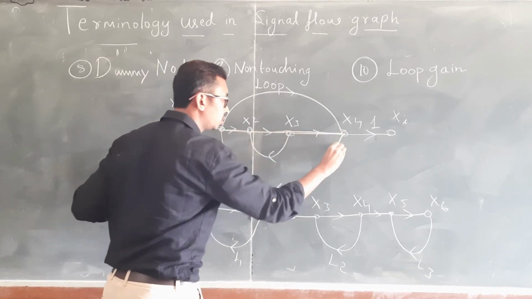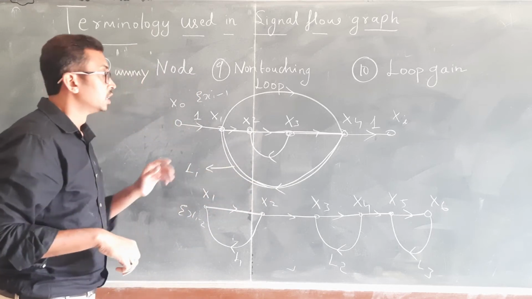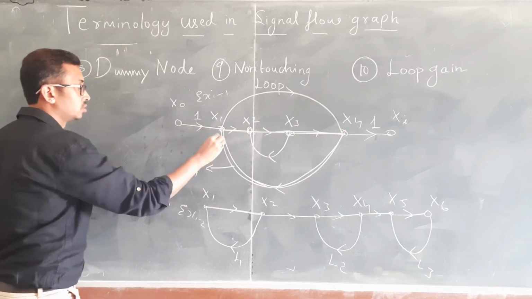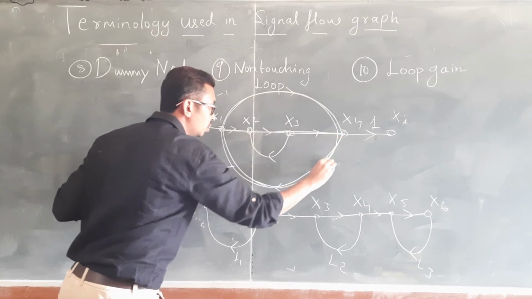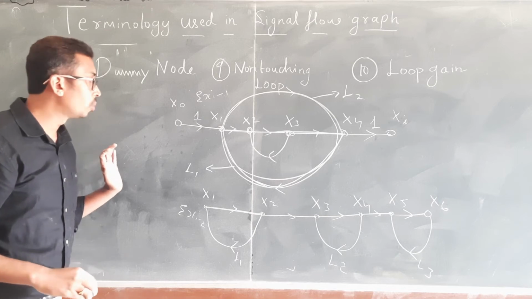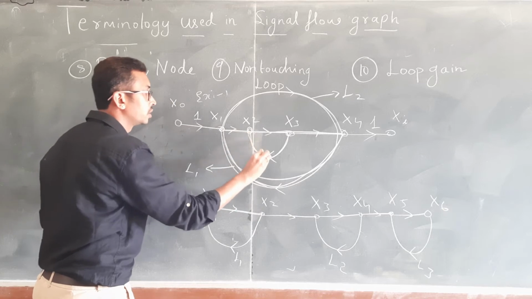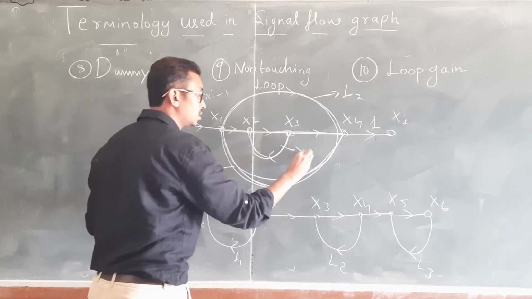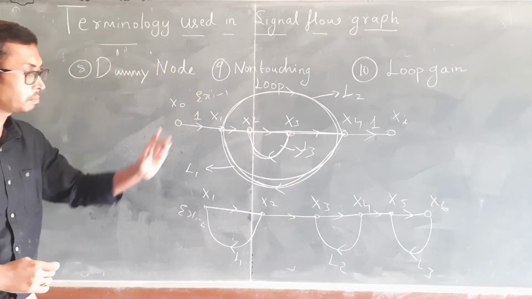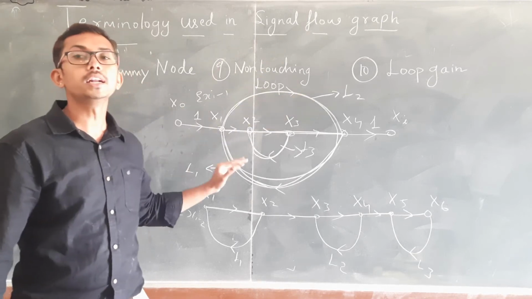Loop number 2 goes from x1 to x4 and back to x1. Loop number 3 goes from x2 to x3 and back to x2. So there are 3 loops: loop 1, loop 2 and loop 3.